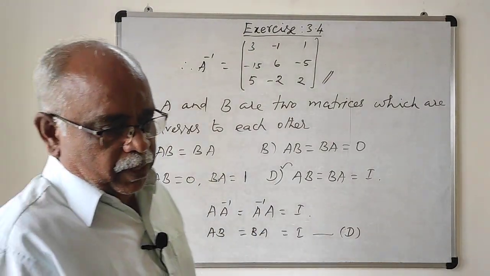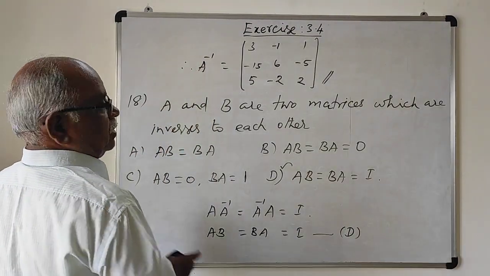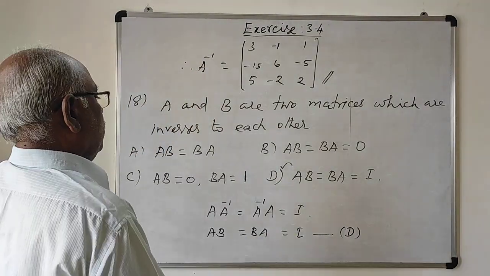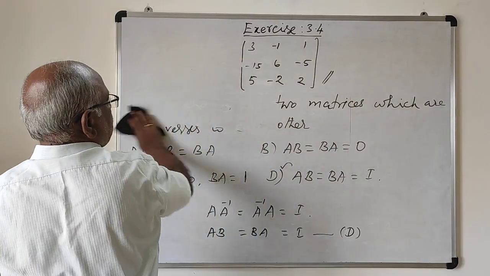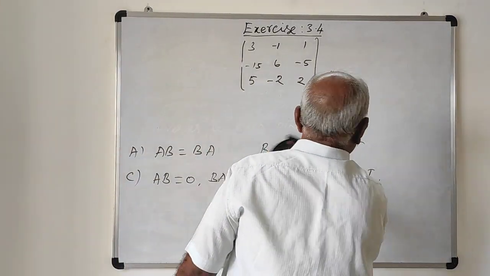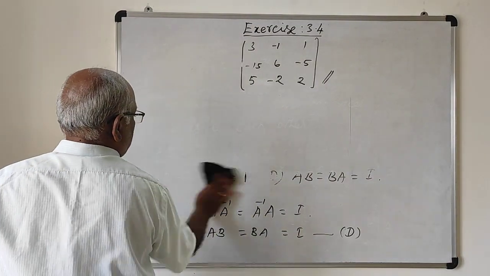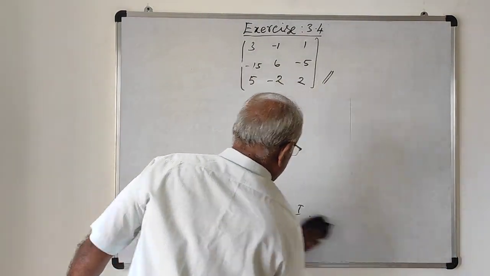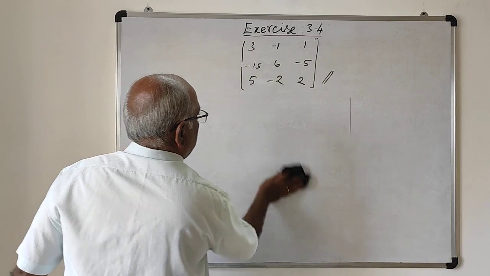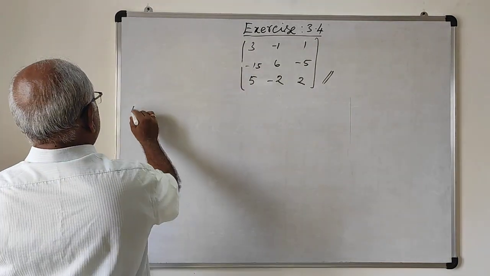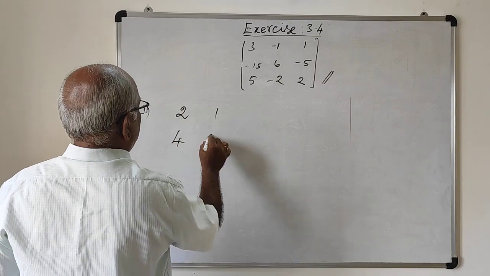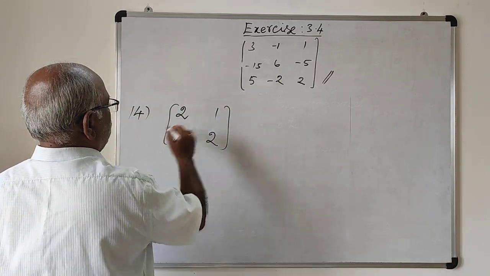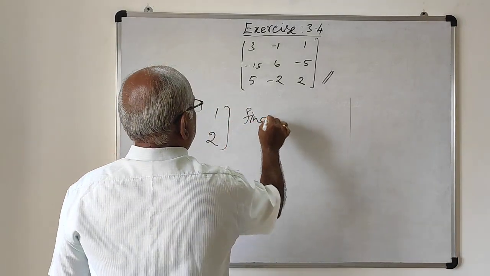We can see one more problem in the exercise, that is the 14th problem. Find the inverse of the matrix 2, 1, 4, 2 if it exists.